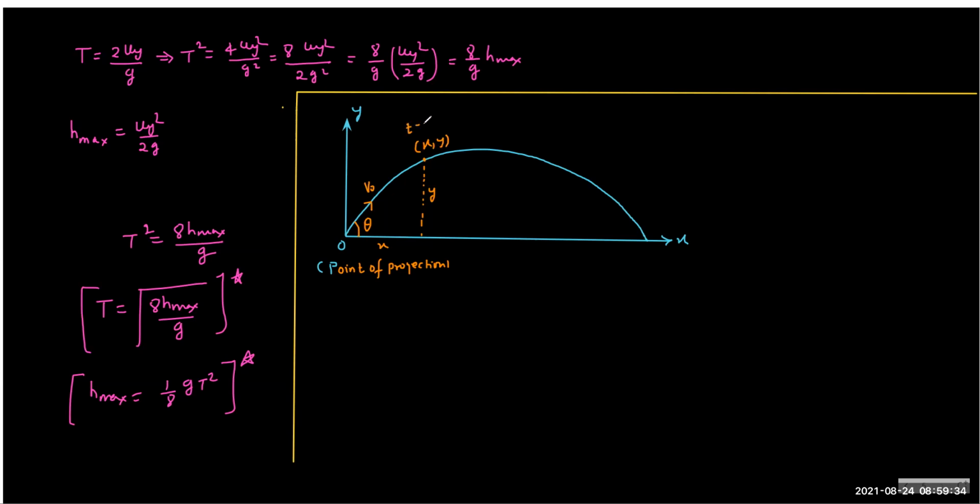So can you find the x and y coordinate at time t? The heading is equation of trajectory. So determine the x and y coordinate as a function of time t and tell me the answer.